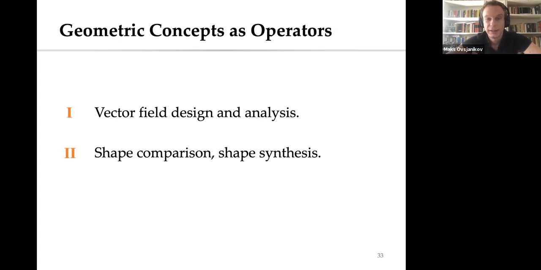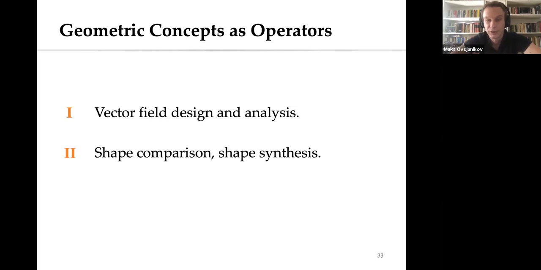In terms of extensions to other concepts, can we view other geometric concepts as operators? There are two directions that we have taken that turned out to be very fruitful. The first one is representing vector fields, and the second one is representing shape distortion, or comparing shapes and doing shape synthesis.